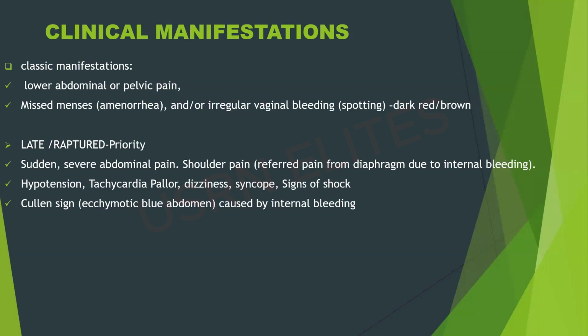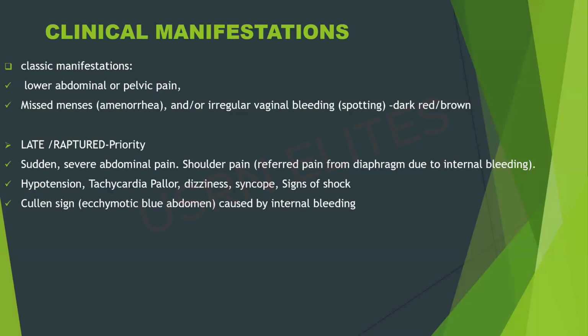So once we see Cullen sign, it tells you that the patient is bleeding internally. Cullen, that's blood collecting in the internal cavity, that's the abdomen. And you see this color usually around the umbilicus. So once you see it around the umbilicus, it becomes a Cullen sign.